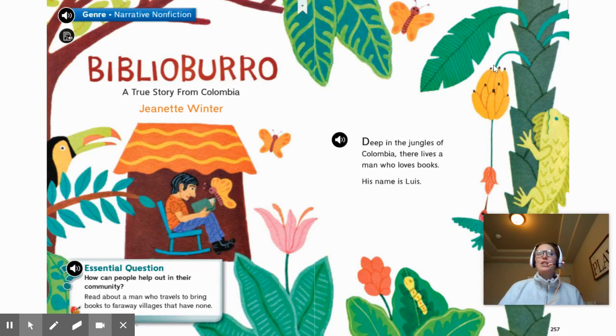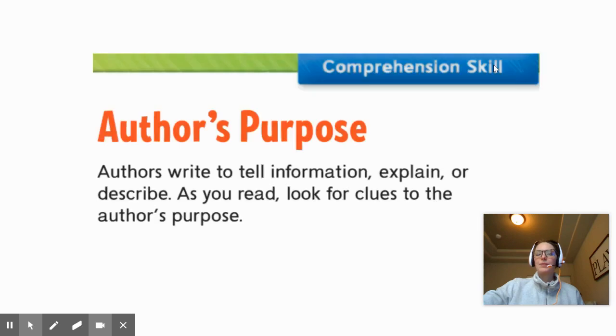So today we are going to refresh our memories by looking at the pictures and remembering what the story was about, all while looking for clues to figure out the author's purpose. Remember that the author's purpose is when the author writes to tell information, explain, or describe.